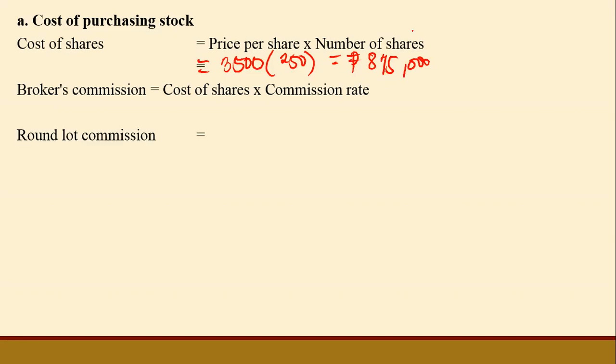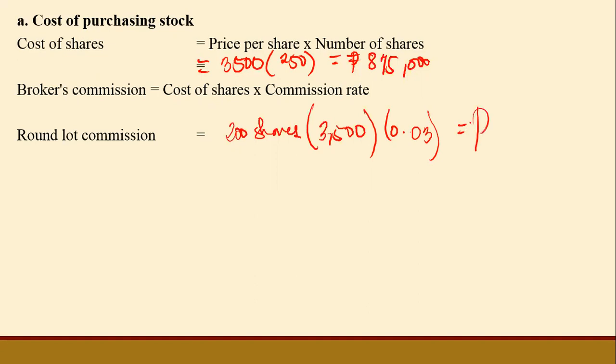The round lot commission is equal to 200 shares times 3,500 price per share, times the commission rate, which is 3%. So this is equal to 21,000 pesos.